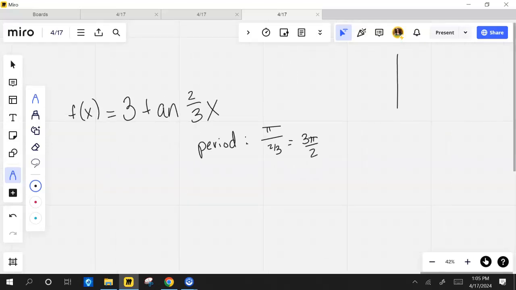The parent was the tangent of 0. And then tangent of pi over 2 is undefined, right? All right, this is my parent graph for tangent, yes?